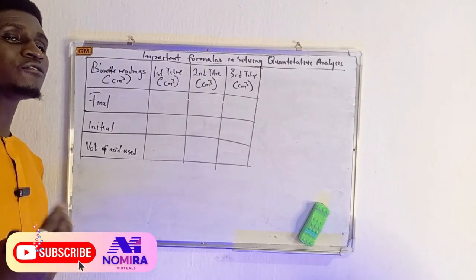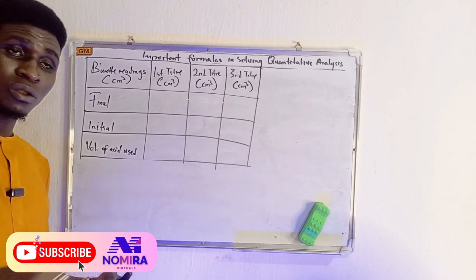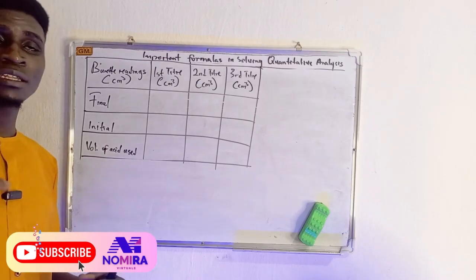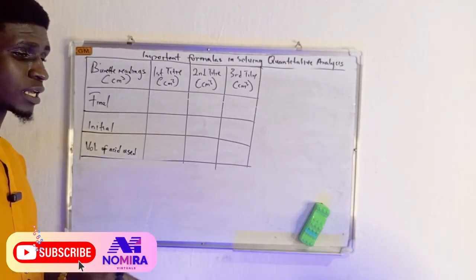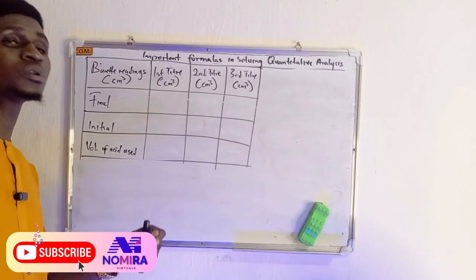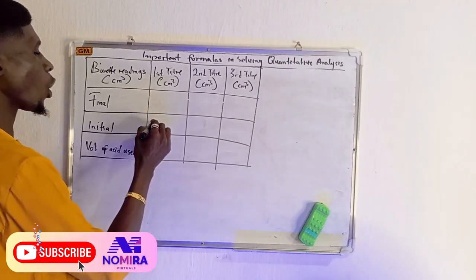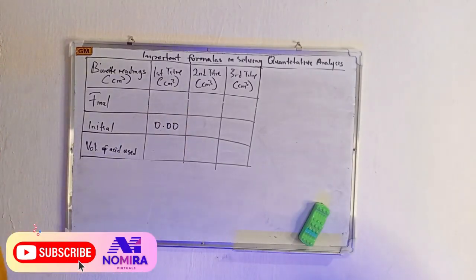It can only be in 4 decimal places if the number has long decimal, like there are many numbers after the decimal point. But if there are just few numbers, like almost a whole number but 1 decimal place, make sure that you complete it to 2 decimal places. Okay, so the initial will always be 0.00. Other ones you can manipulate.